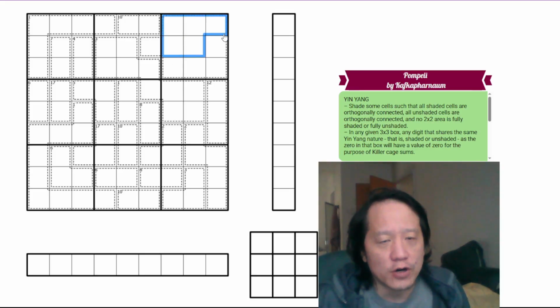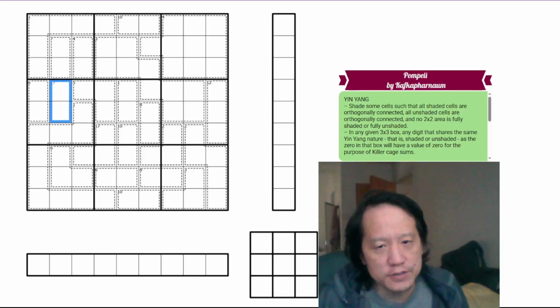So for the 2 by 2 area, again, we know this is all valid. In the 2 by 2 area, there has to be one that is unshaded, so therefore they have a value, I should say.